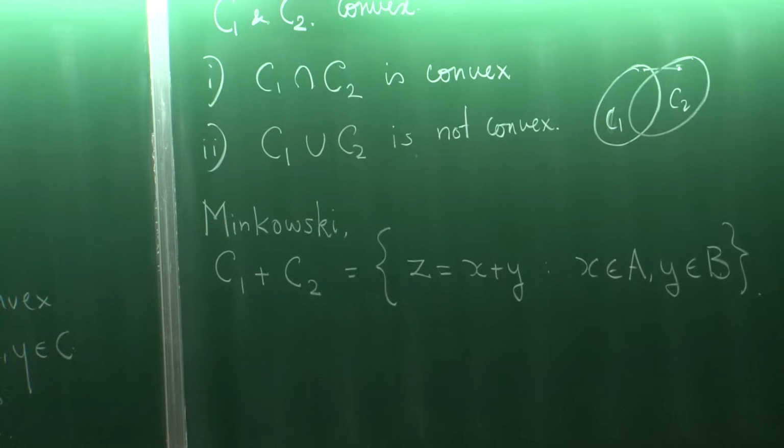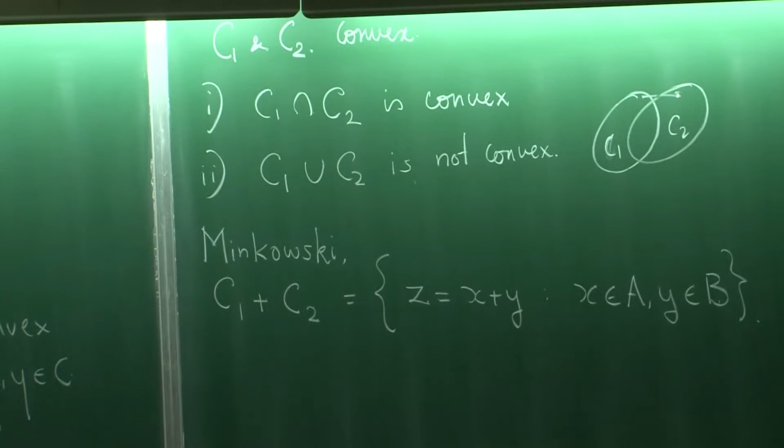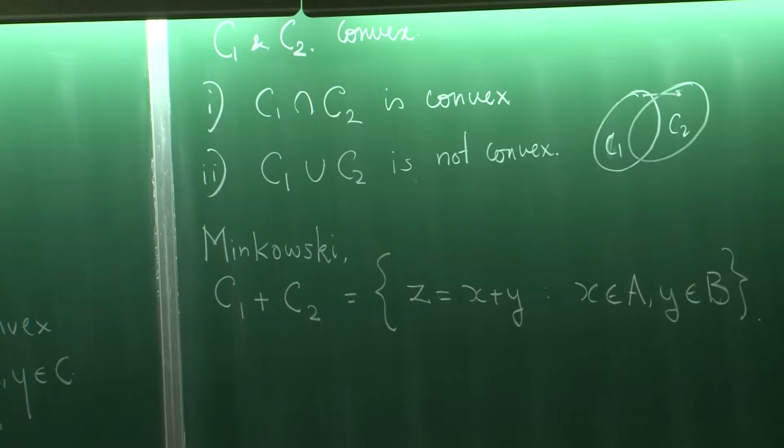Once that is done, we will now try to give you examples of convex sets. Learning these examples is much more important than anything else. The first example that I will give is that of a hyperplane.